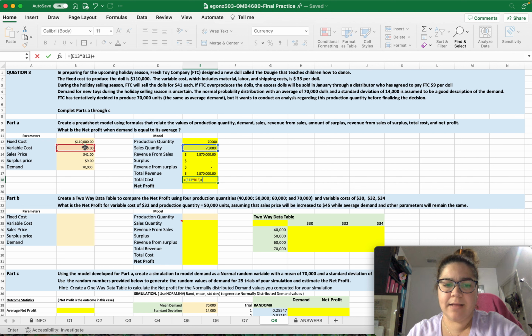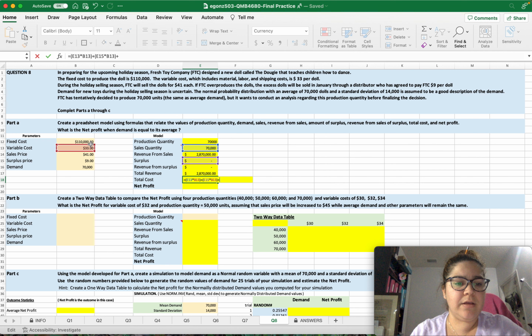And then I'm going to add to that whatever surplus I have times my variable cost as well, because it still takes $33 to make that doll, right? And then I'm going to put parentheses here. I don't think you should, but again, I'm irritated. Plus fixed costs, because fixed cost is still going to stay the same.